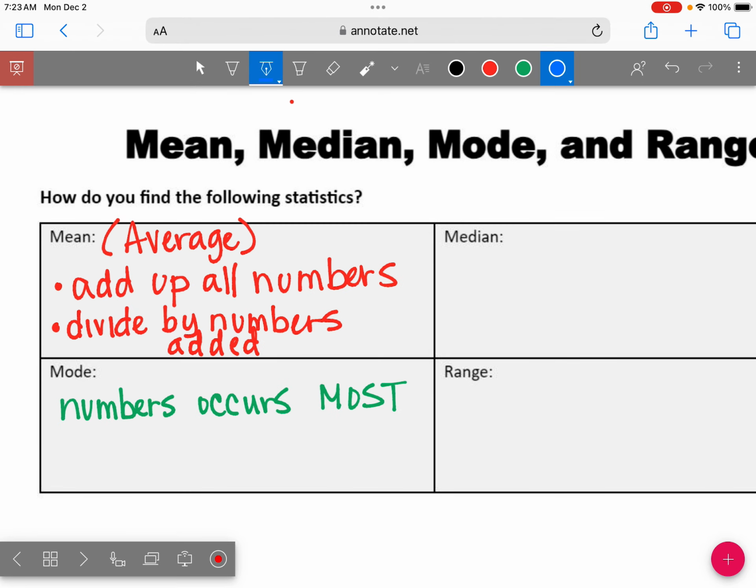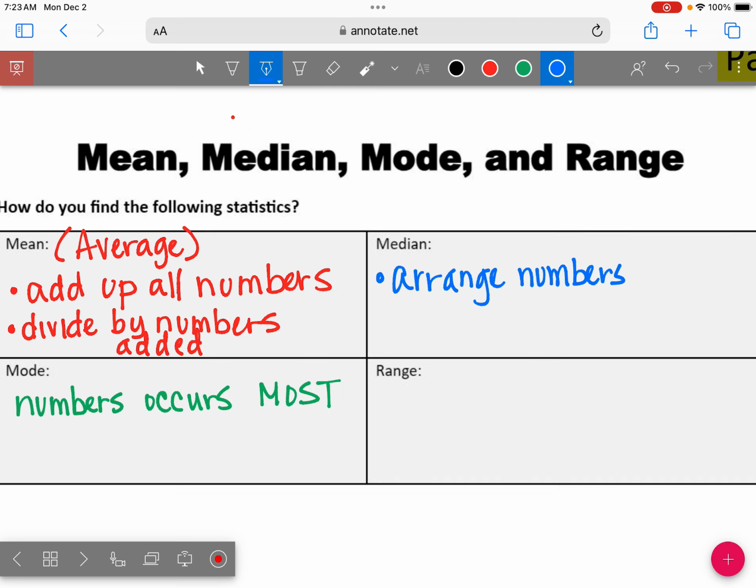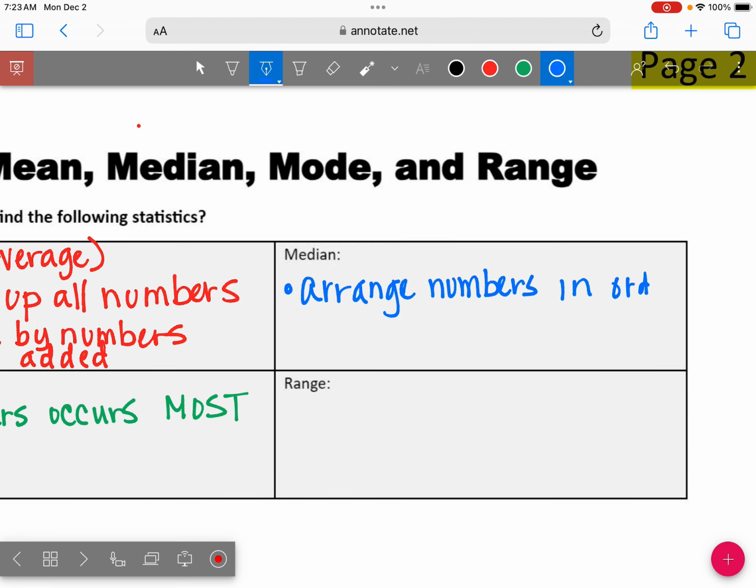All right, median. The first thing you have to do is arrange in order. So you need to arrange the numbers in order from the smallest number to the largest number.